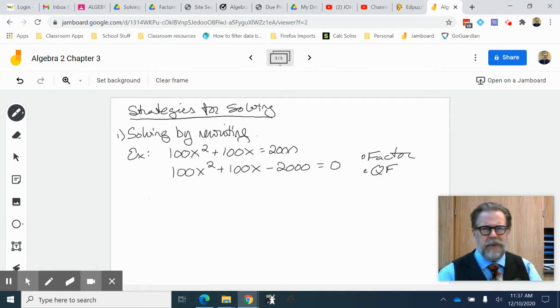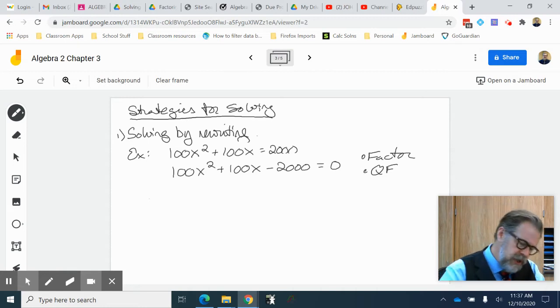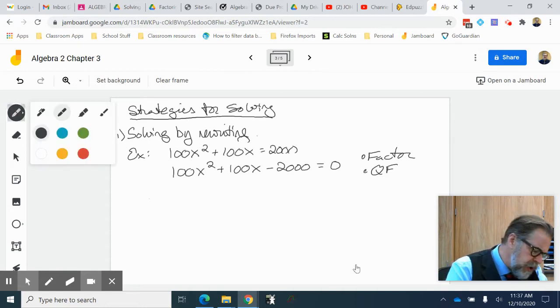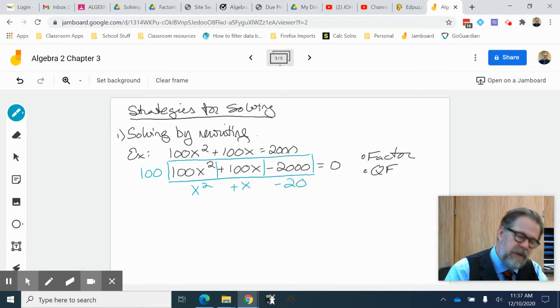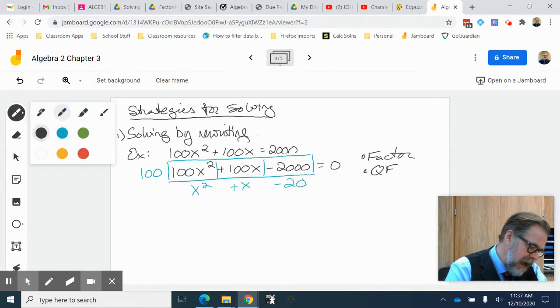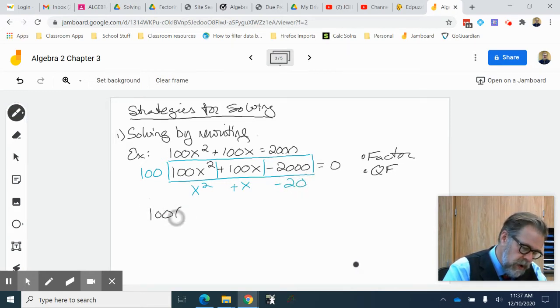But one thing I noticed is that these large numbers are going to make both of our calculations difficult. I also notice that 100 is a factor of all of these terms, x squared plus x and minus 20, which means I can actually write this as 100 times x squared plus x minus 20 equals 0.